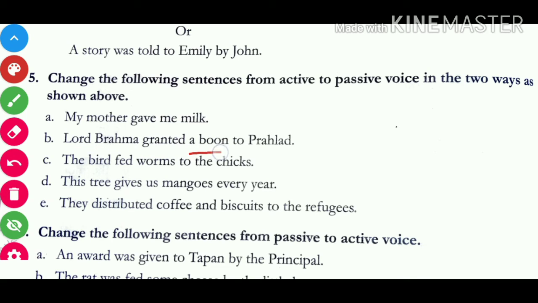A boon was granted to Prahlad by Lord Brahma. Okay, by would always come with Lord Brahma when you have to change it into passive voice. So try doing the rest of the three sentences by your own.